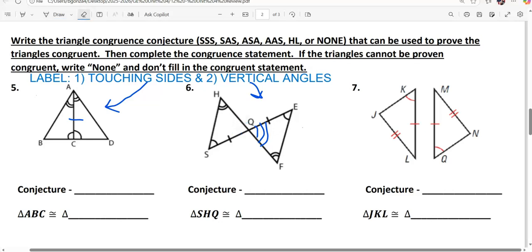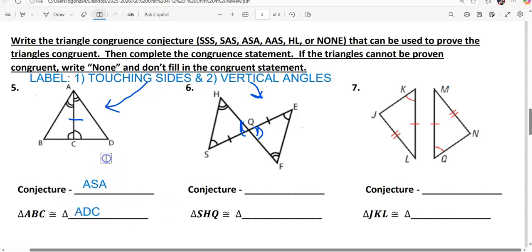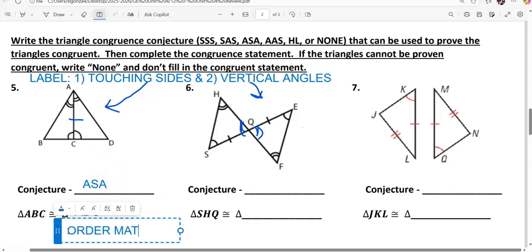Oh boy. So on this one, it is angle, side, angle. And ABC flips over to match ADC. Again, order matters. Match them up.